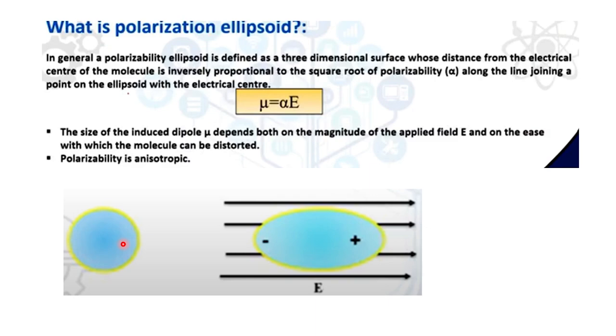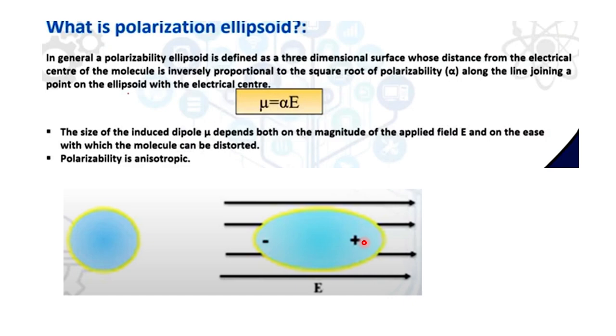Now, what is the polarization ellipsoid? If you consider a charge sphere in presence of electric field, it is not exactly a sphere, it is now suppressed, or it can take the geometry of an ellipse. So basically the negative and positive charge are polarized in two different directions.